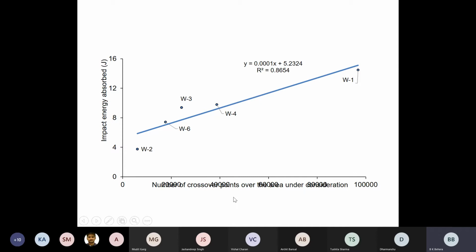Interlacement and crossover point are one and the same thing when warp is interlaced with weft. So the x-axis represents number of crossover points per unit area in increasing order. Impact energy is in joules. As the number of interlacements per unit area increases, the impact energy absorption increases, meaning higher impact strength.